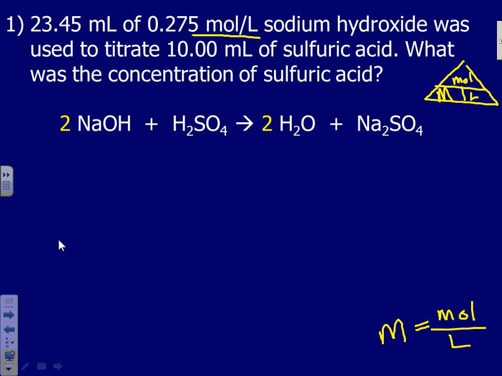Let's write our information down like we do when we do a stoichiometry problem. 23.45 milliliters of sodium hydroxide. But remember, we like it in liters. So how many steps do I move that in order to get it to liters?